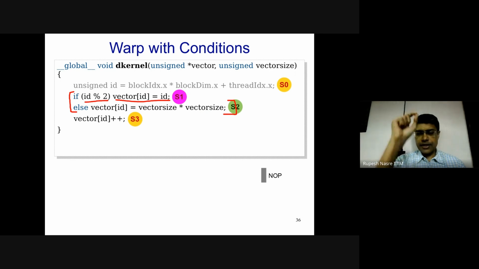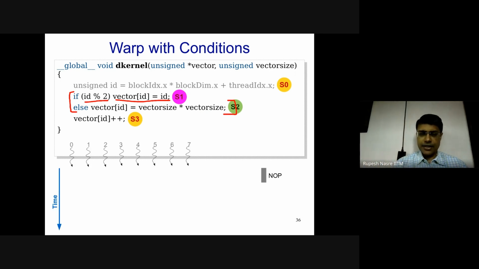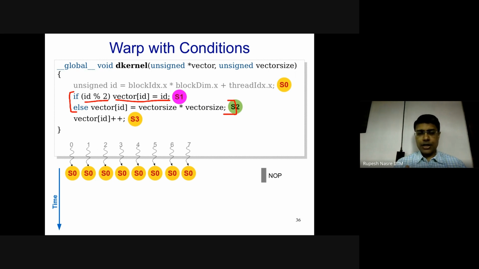The time axis is along the y-axis and the warp size is 8 in this case, but the same applies to 32. All the warp threads are going to finish the execution of S0 together. Only then is the next part taken for execution.